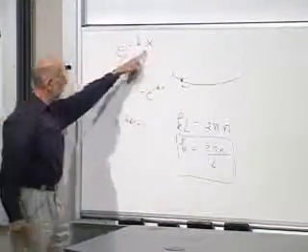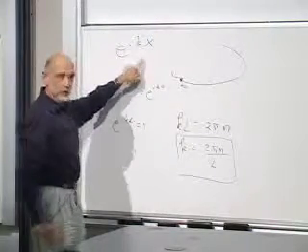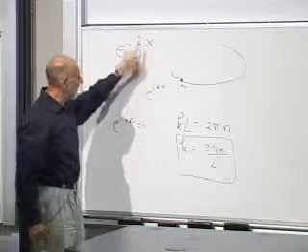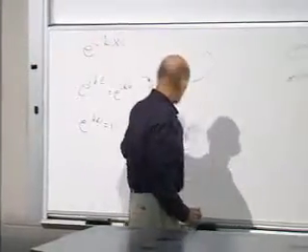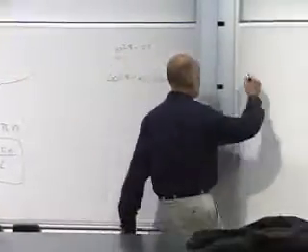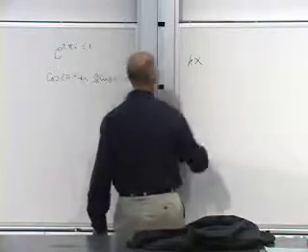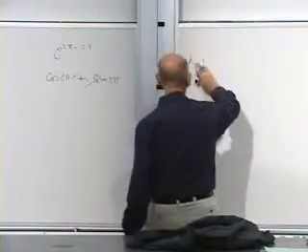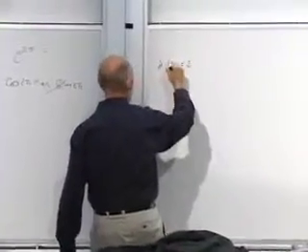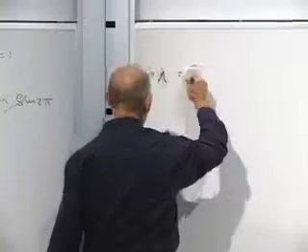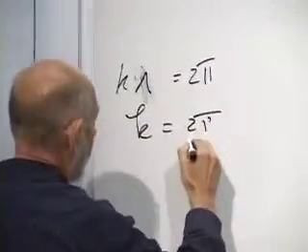Well, it's the distance you have to move before e to the i k x goes through one full cycle. So if I want to find out the wavelength of this kind of wave, I just say that k times the wavelength lambda has to be 2 pi, or k is the same thing as 2 pi divided by the wavelength.